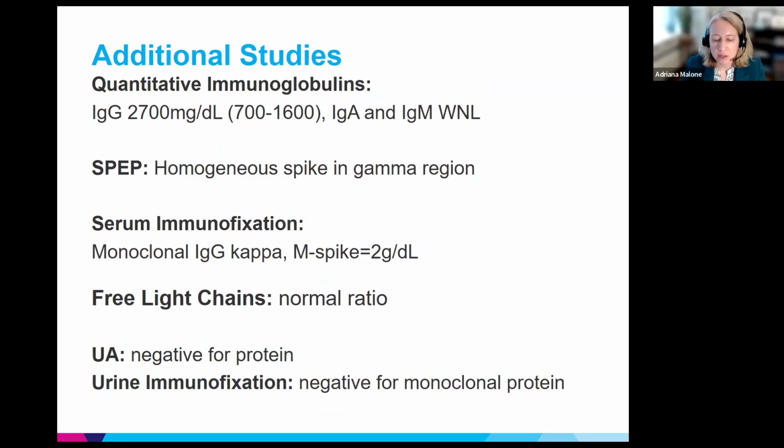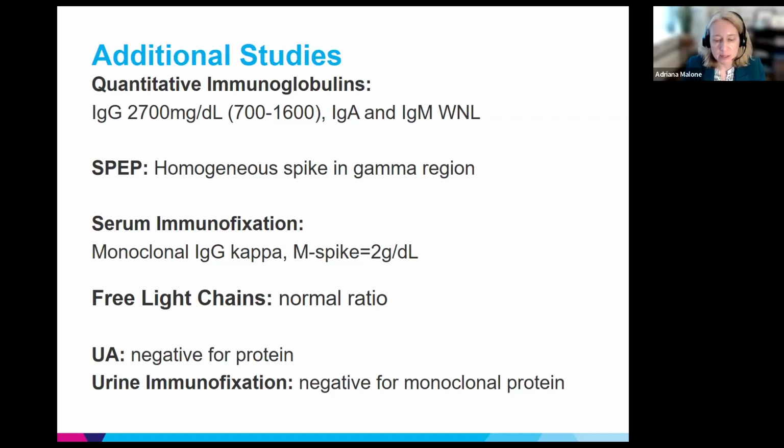Normal results show bands including albumin, alpha 1, alpha 2, beta, and gamma separated out. IgG is typically found in the gamma region, and in our patient, we see a homogeneous spike in the gamma region where the monoclonal IgG is located.